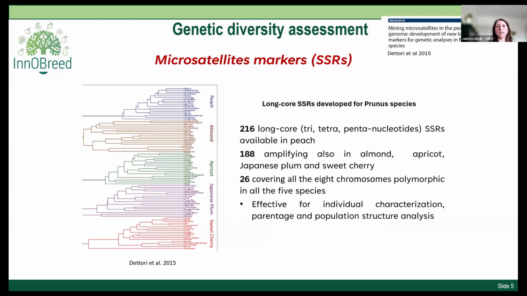So I didn't report here a comprehensive list for fruit species, but just the last set that was identified after the genome sequencing of the peach genome, long core markers that were developed in peach, but are also useful for analysis on the other 4 diploid prune species: almond, apricot, Japanese plum, and sweet cherry.